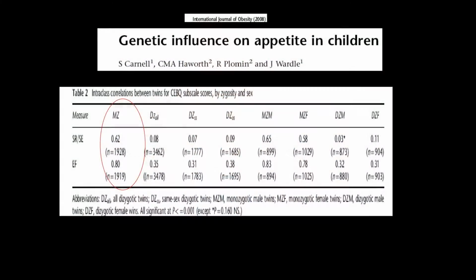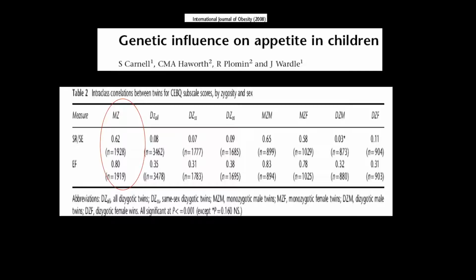What is very important is appetite and food intake behavior. And there are different questionnaires, as you know, but depending on the questionnaire, you have a heritability between 60% and 80%. If you look for physical activity, you don't see something very significant for genetic factors.